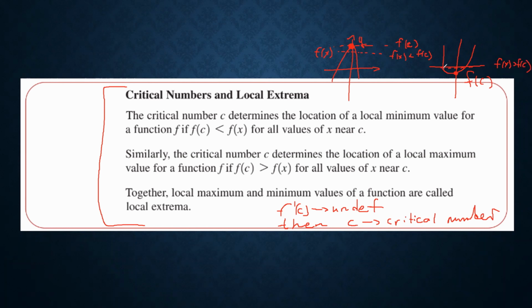Do you see this? To the left and right, the y value is greater than f of c. Yeah, I see it. So this is exactly what they say here. This is just a natural visualization. Okay. Can we move on?